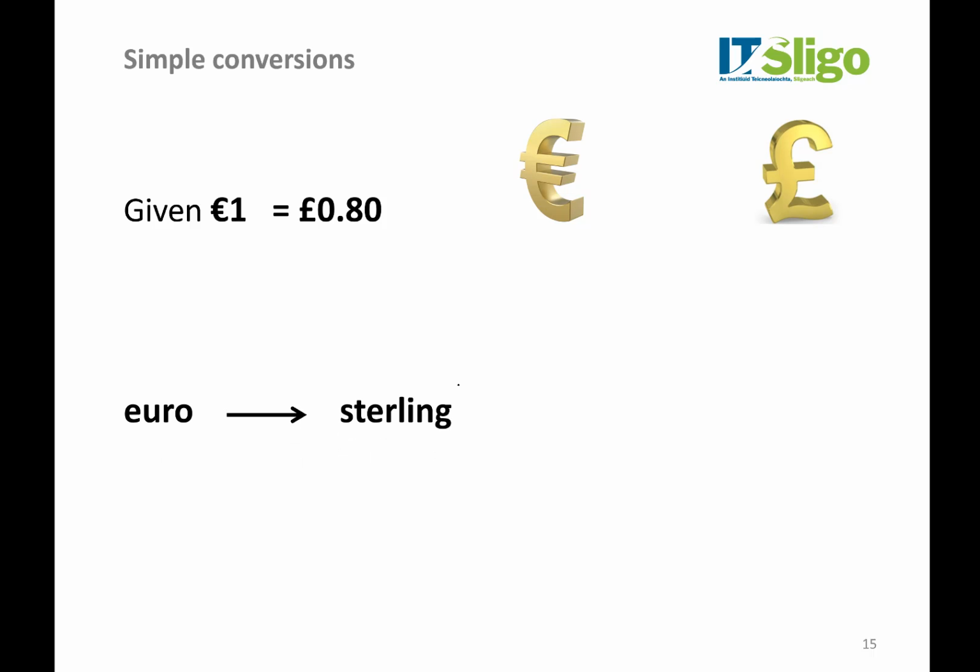So this, guys, is a really important concept, so just pay attention to this. We're given €1 on the left, we're changing it into sterling. That's what we're asked to do. If you're going with your given conversion rate, then, guys, you multiply by the conversion factor, which in this case is 0.8.